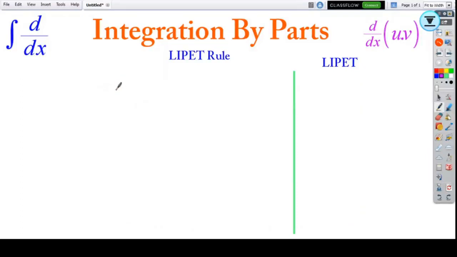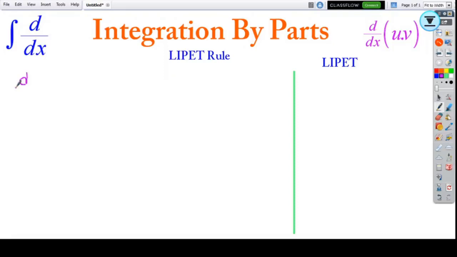Let me begin with integration by parts using the LIPET rule. LIPET is nothing but a way of choosing the first and second term for the integration. So the integration by parts which I am going to consider comes from the differentiation product rule. So let me start from the differentiation product rule.